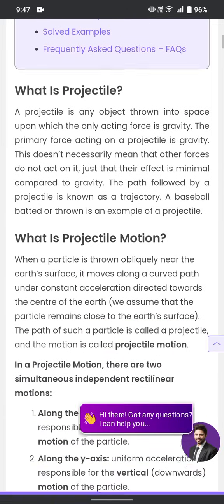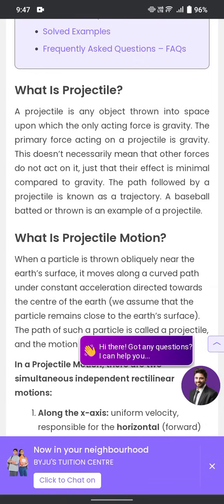What is a projectile? A projectile is any object thrown into space upon which the only acting force is gravity. The primary force acting on a projectile is gravity.